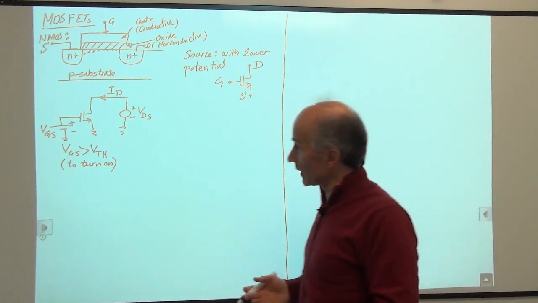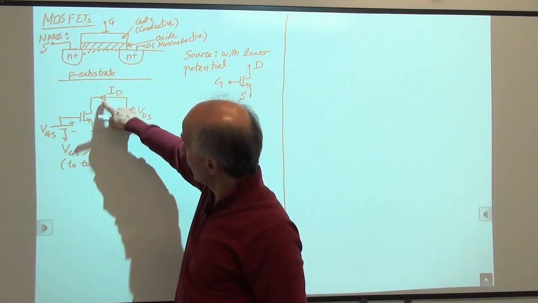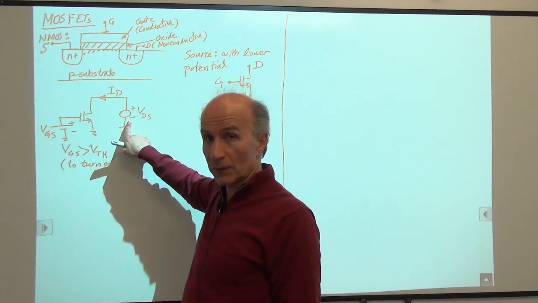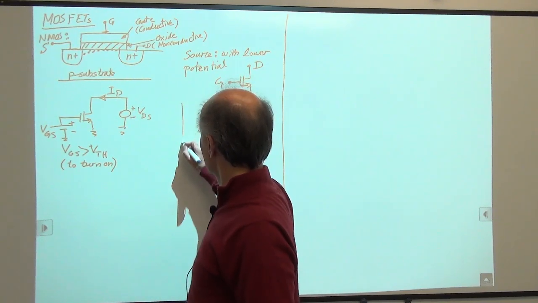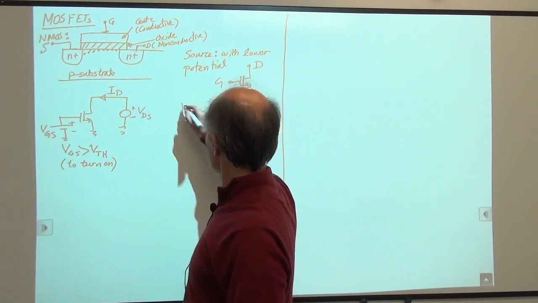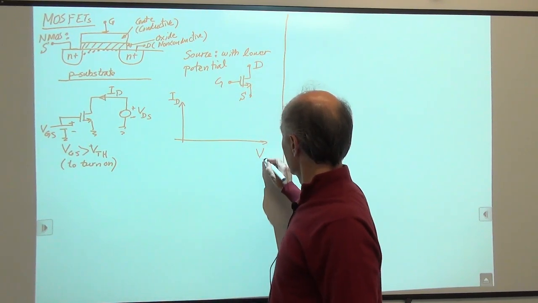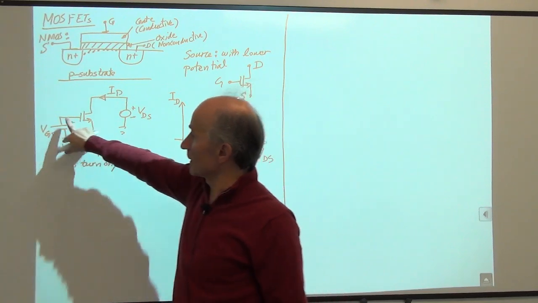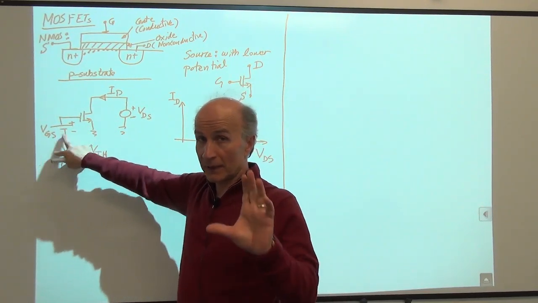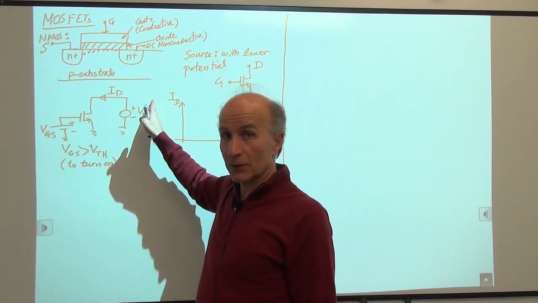Okay, so now that we have a channel, we begin to change this voltage by means of this voltage source and measure that current. And this is what we observe: ID as a function of VDS. So this voltage is greater than a threshold, is fixed, and we're just sweeping this voltage.